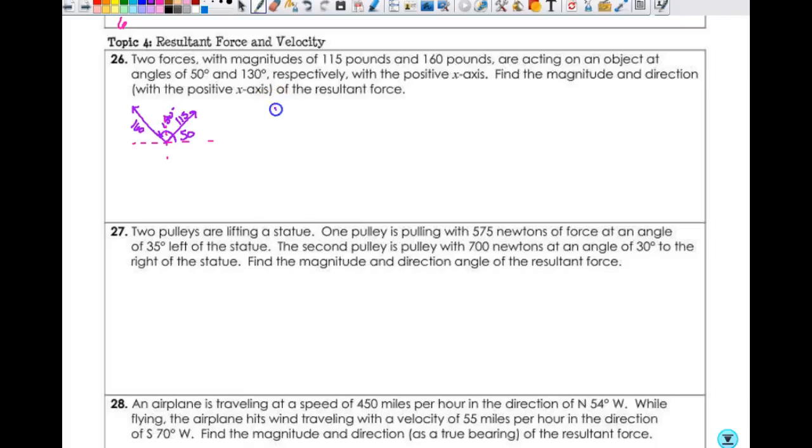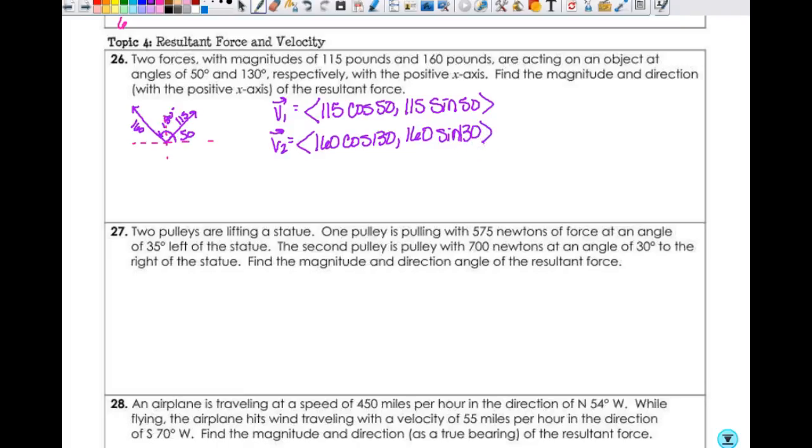So vector 1 is going to be 115 times the cosine of 50, 115 times the sine of 50. Vector 2 is going to be 160 cosine of 130, 160 sine of 130.